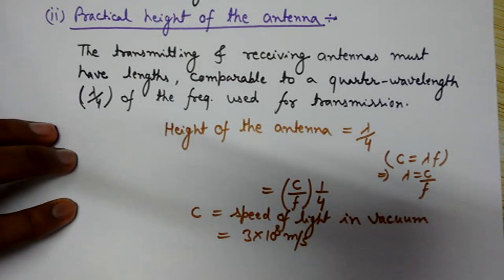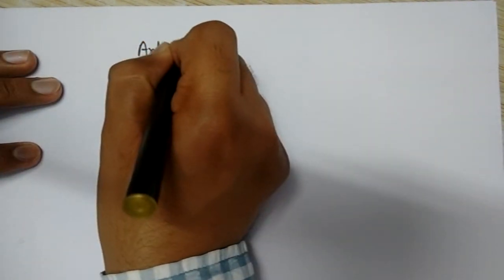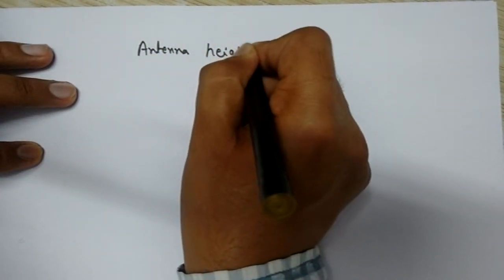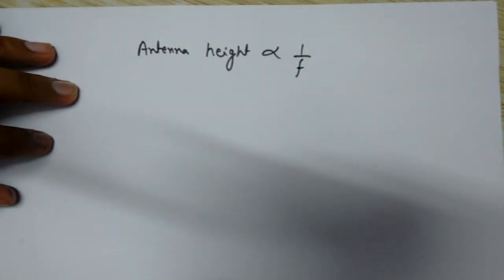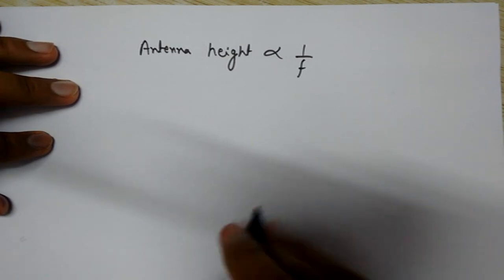So we can say here that since c is a constant and 4 is also a constant, we can write that the antenna height is inversely proportional to the frequency. So as the frequency increases, the antenna height decreases.